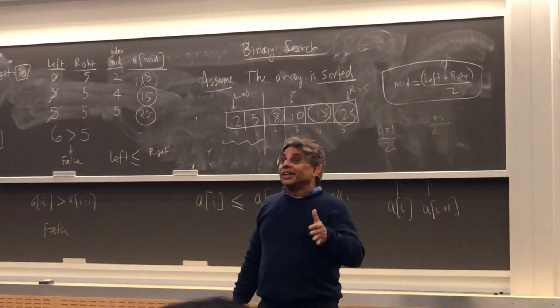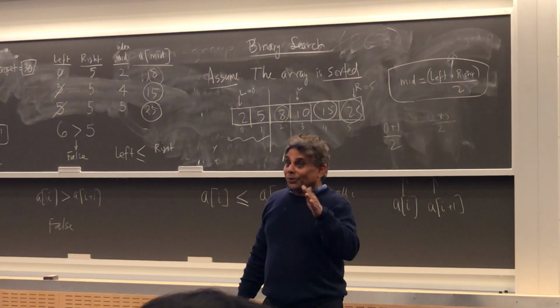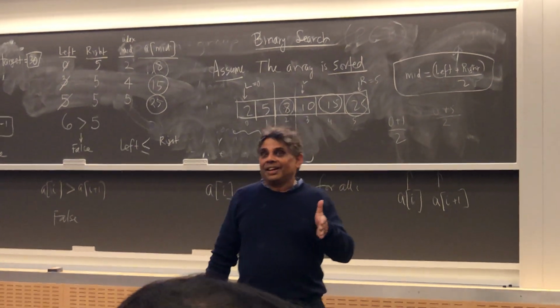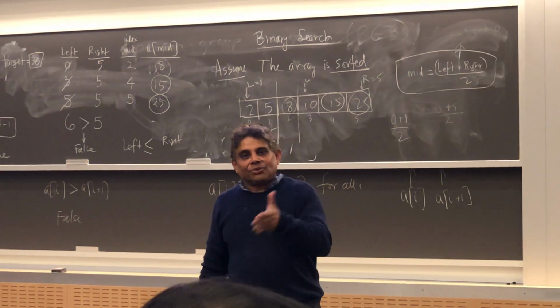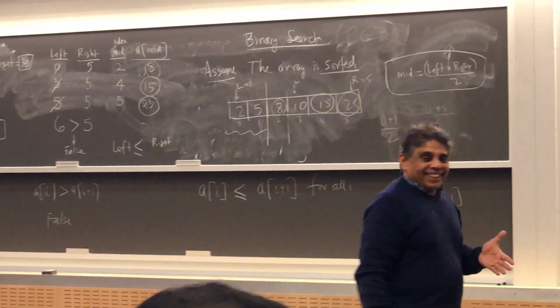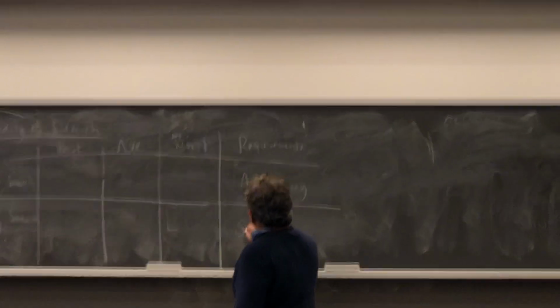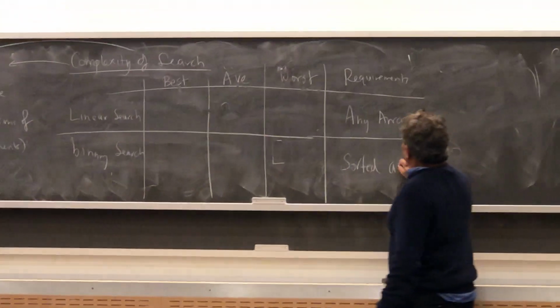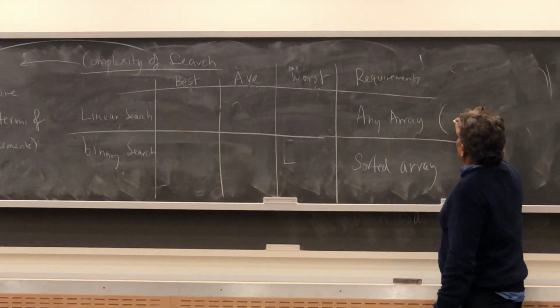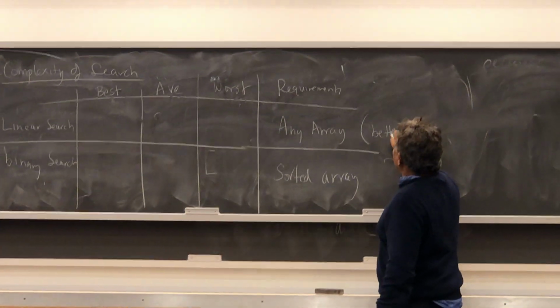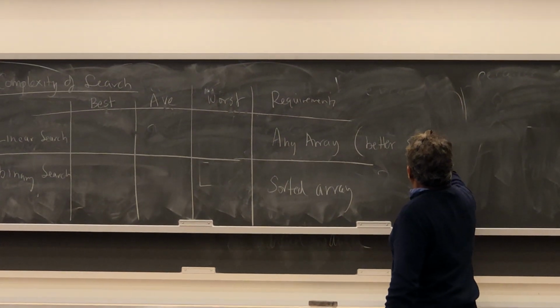So if it's sorted, you can speed up linear search. But if it's sorted, then you might as well use binary search, right? For the binary search, you need to have a sorted array. So for linear search, any array works but a sorted array is better.